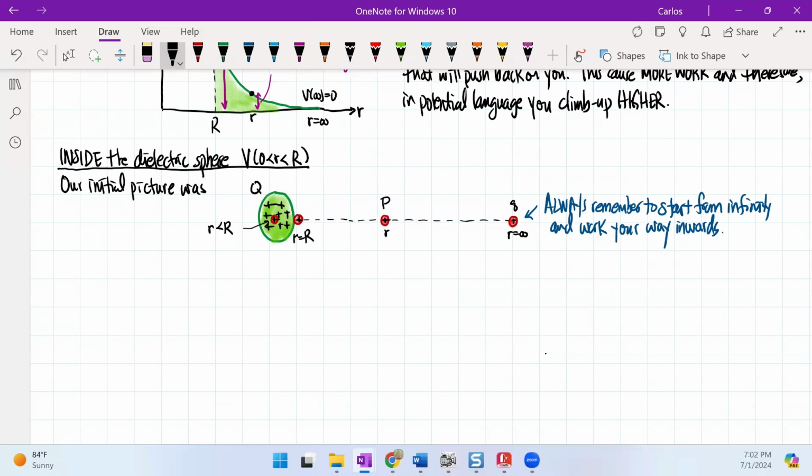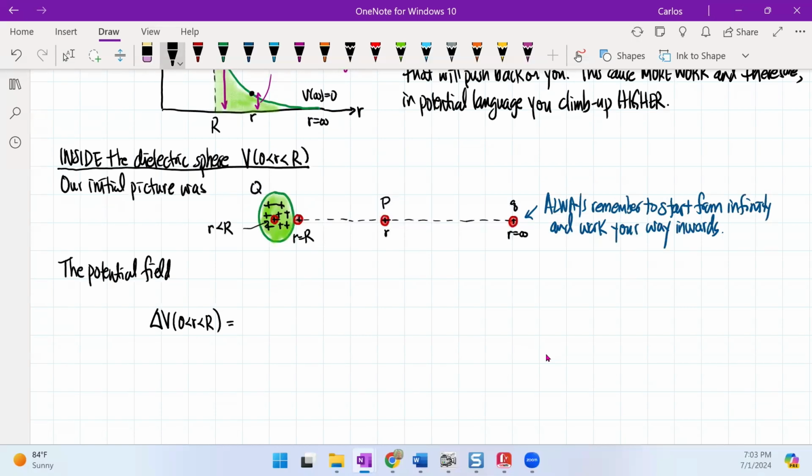So now let's calculate the potential. The potential field now has to be something like this. I know I want to go inside, so this potential field is going to be from 0 to big R. The first thing I have to do is climb all the way to the surface.